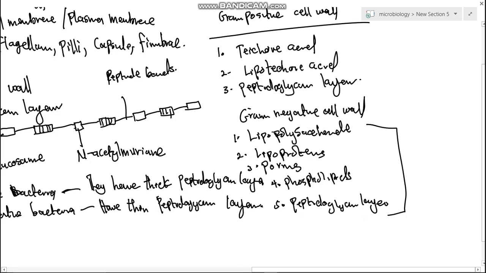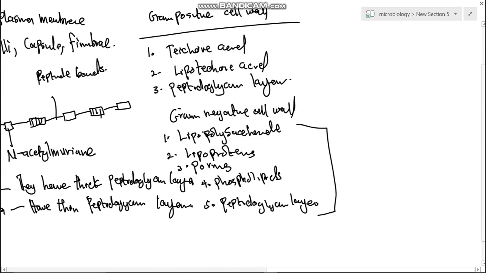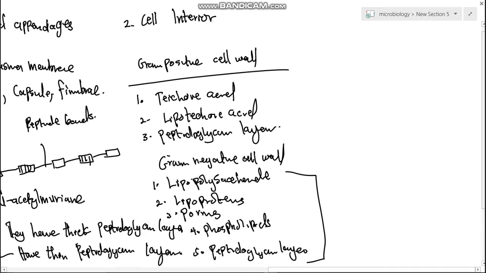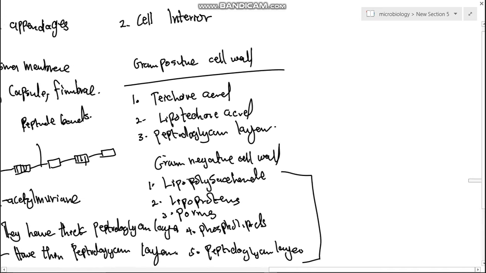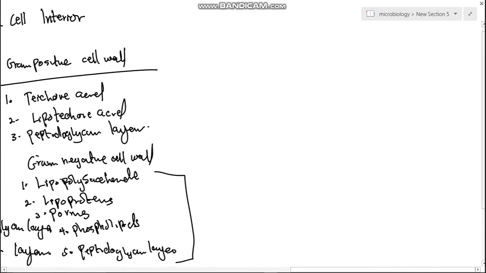Now let us go through how we will be able to distinguish between the gram-positive bacteria and the gram-negative bacteria. So there is a procedure we call gram staining.